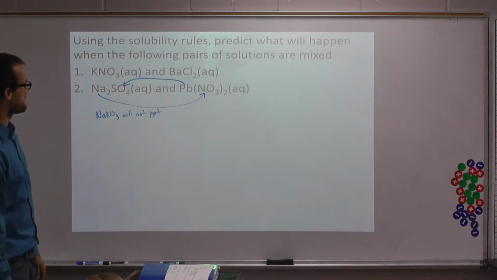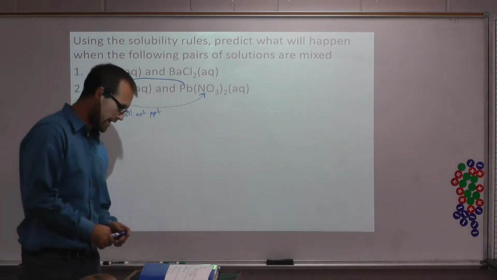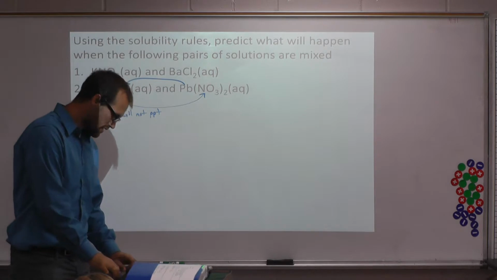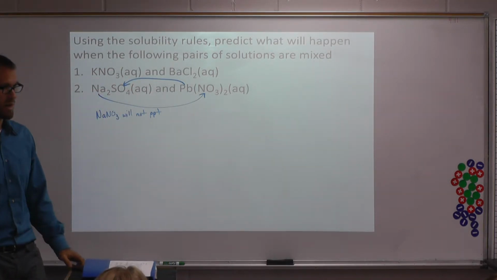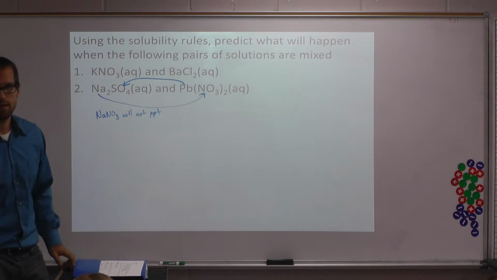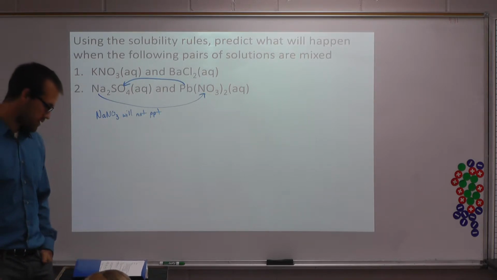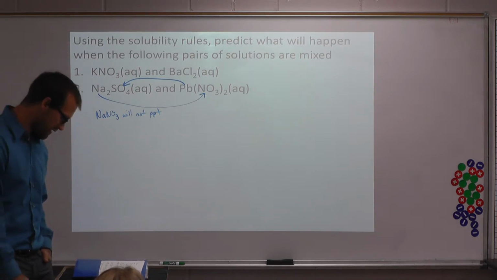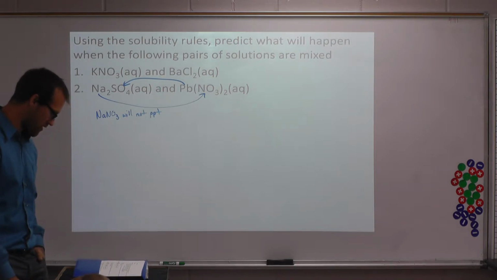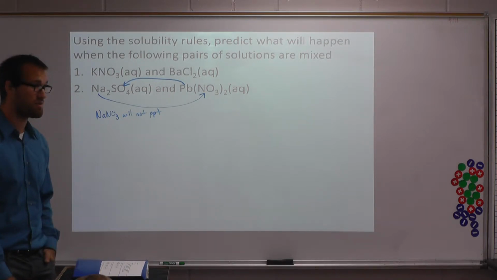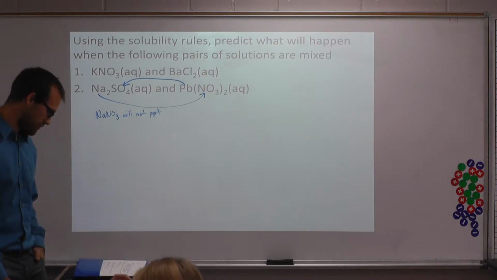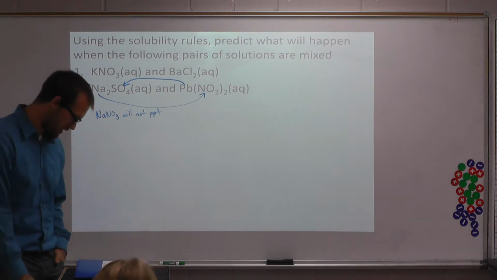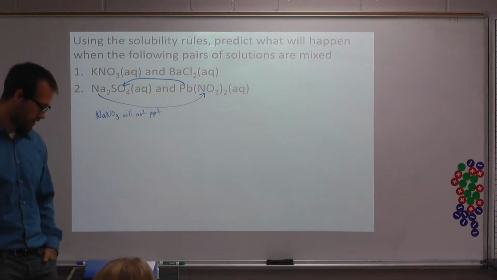All right, lead and sulfate. Let's see if we can find that guy. It says most sulfates are soluble, but there is a what? Exception. Okay, and I think you'll notice that lead and mercury are kind of exceptions for a lot of the rules. So most of the time when you see lead or mercury involved, it's probably going to be not soluble, and it will precipitate out.